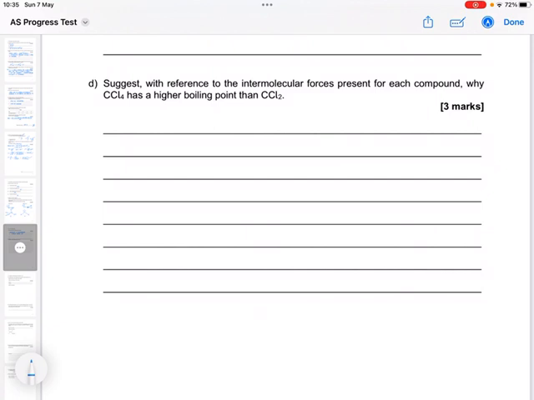Suggest with reference to the intermolecular forces present for each compound why CCl4 has a higher boiling point than CCl2. Okay. So let's go through what each of them have. Now it says the intermolecular forces with an S. That's going to be all of the forces.